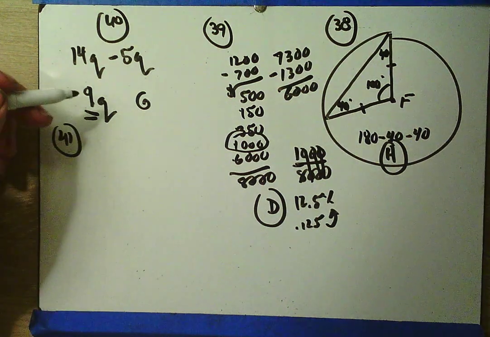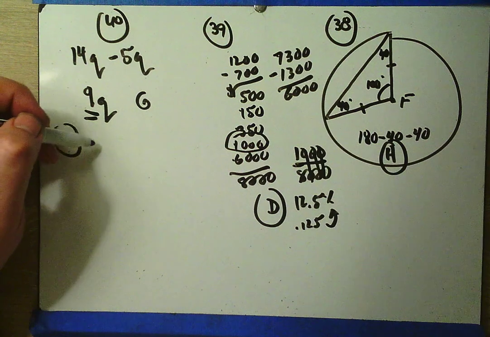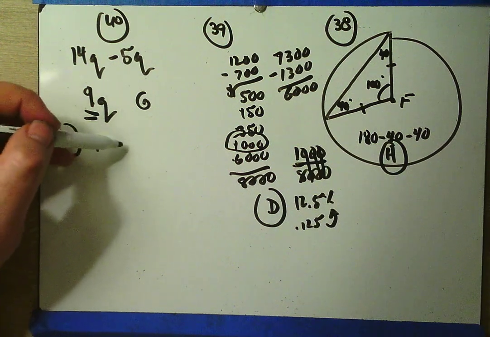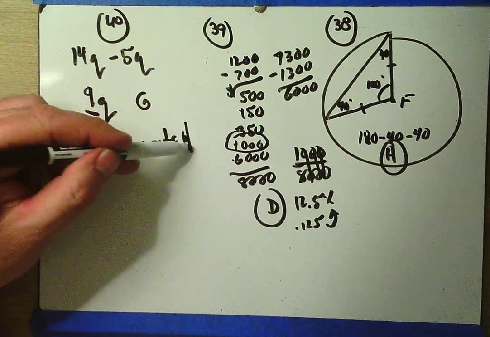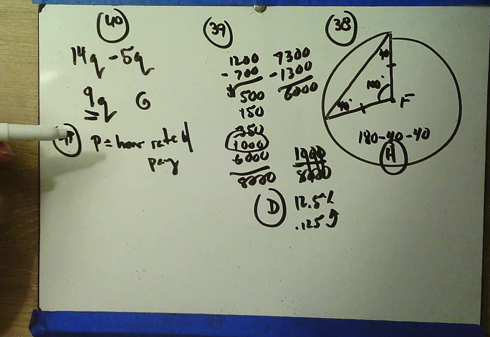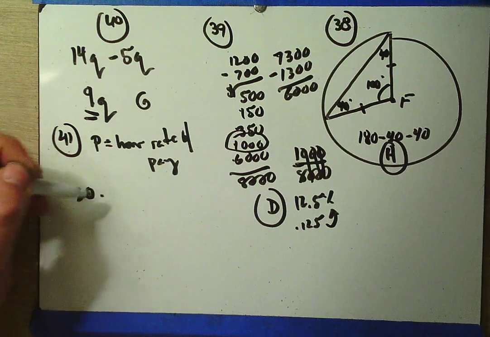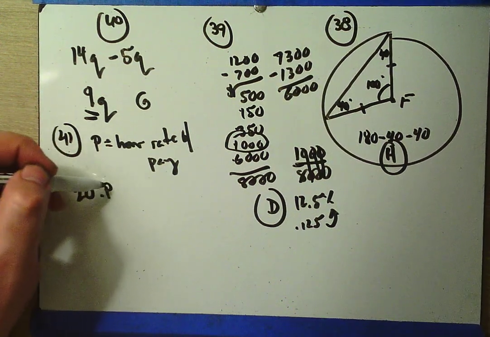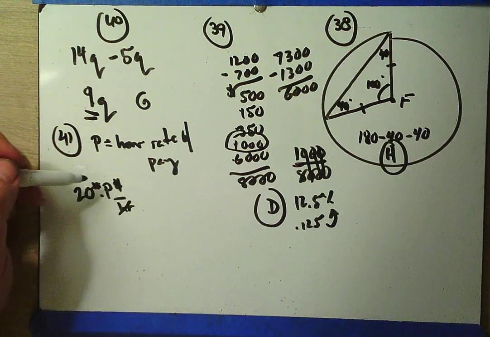Okay, so let's say that P is the hourly rate of pay. And he's going to work 20 hours a week. So 20 times P dollars per hour. So hours would cancel, giving him dollars.